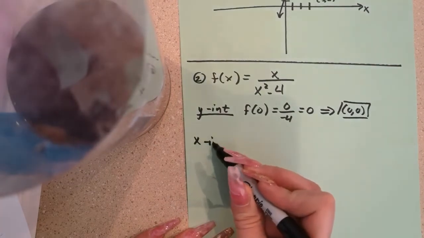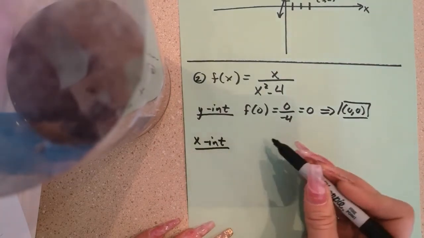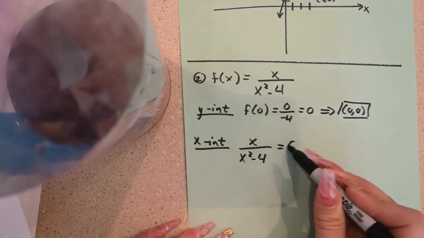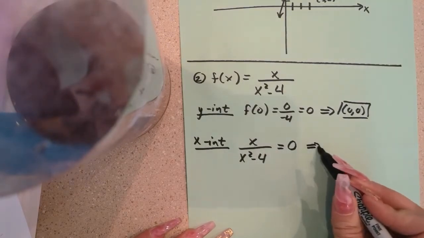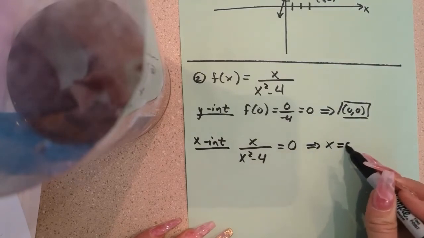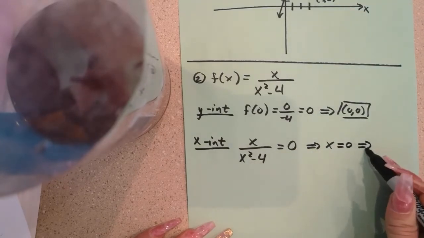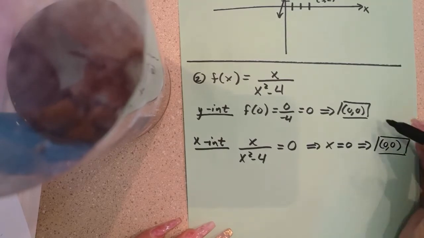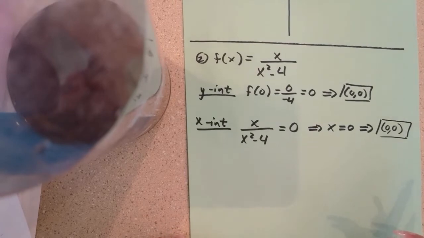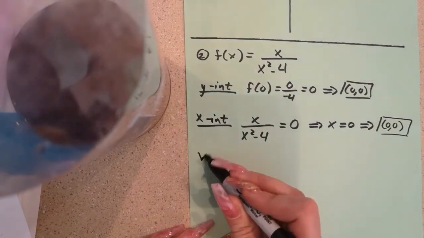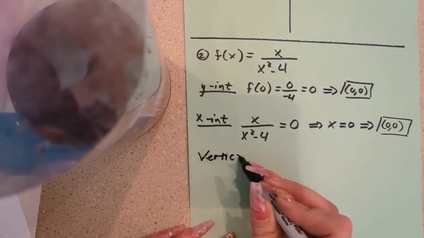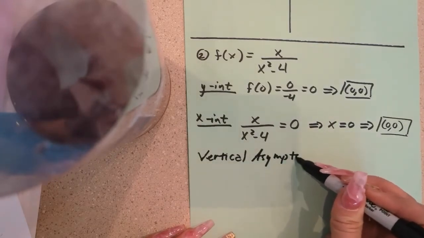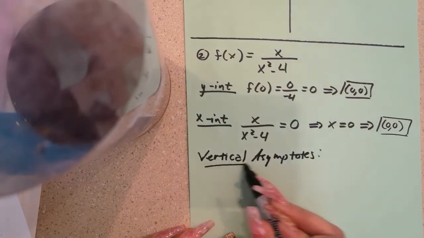Let me look at x-intercepts. For those, I have to set the whole function to 0. Then I would clear the fraction, just be left with the numerator as 0. So again, the only x-intercept is the one I already found at the origin. What else? When we have a rational function, we also look at vertical asymptotes.